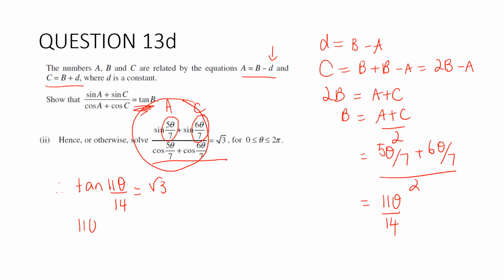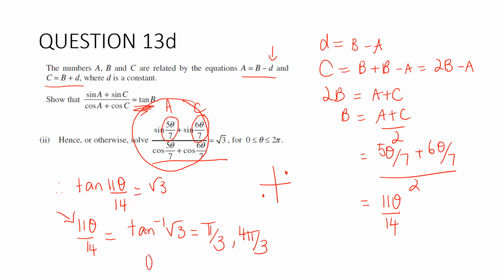So 11 theta on 14 is equal to inverse tan of root 3, which is 60 degrees, so pi on 3. And we need the other quadrant, which is down here, pi plus pi on 3, so 4 pi on 3. Now, 11 on 14 is close to 1, so I don't think we'll have any trouble with needing further solutions. I think we can just leave it at that.